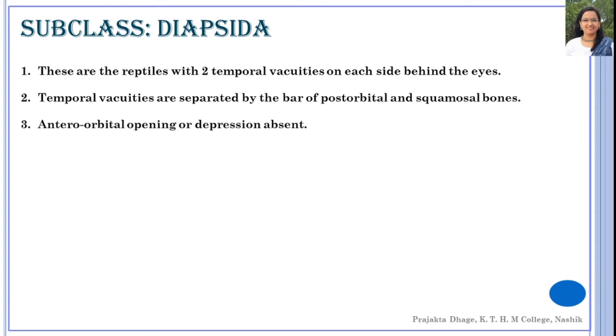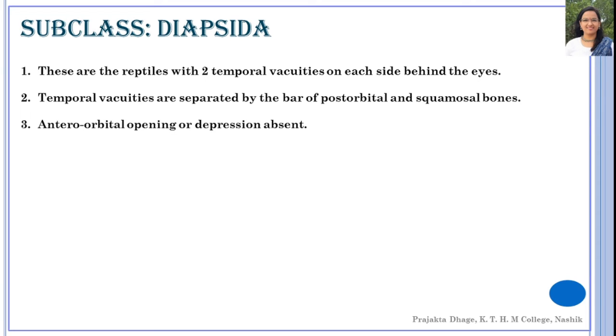Now let's move on further to subclass Diapsida. As already mentioned, in the subclass Diapsida, there are two temporal vacuities on each side behind the eyes. The temporal vacuities are separated by means of a bar of postorbital and squamosal bones, which I have already shown you when we were seeing the diagram.